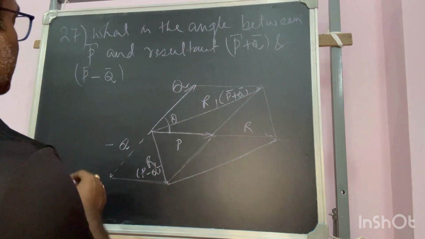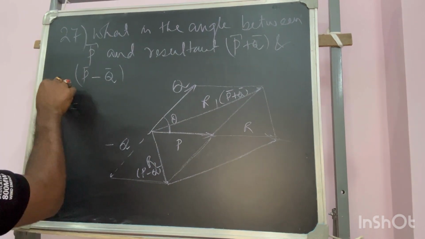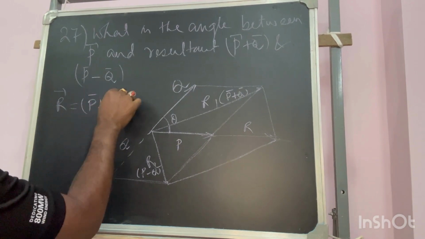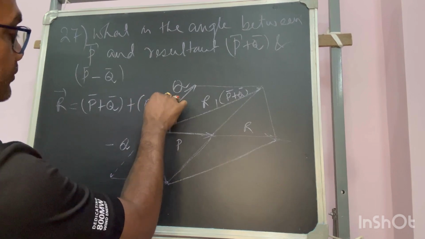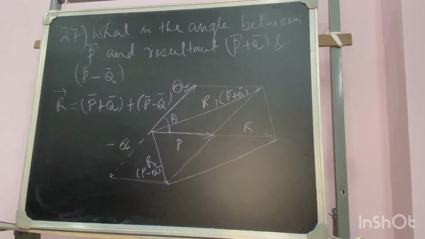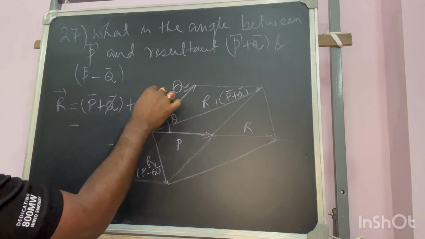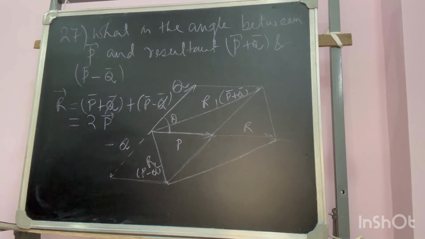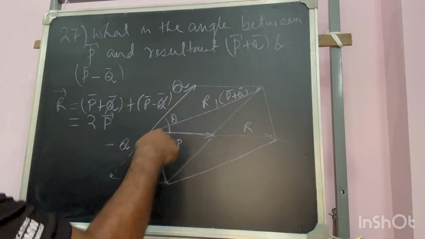So first, the resultant vector, you can say, is P plus Q plus P minus Q. In a vector summation, this will cancel out and we get 2P as the resultant of these two vectors.